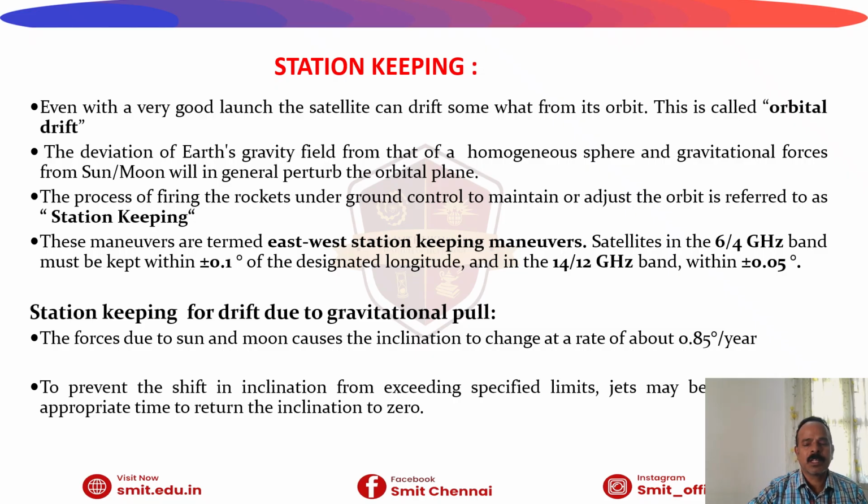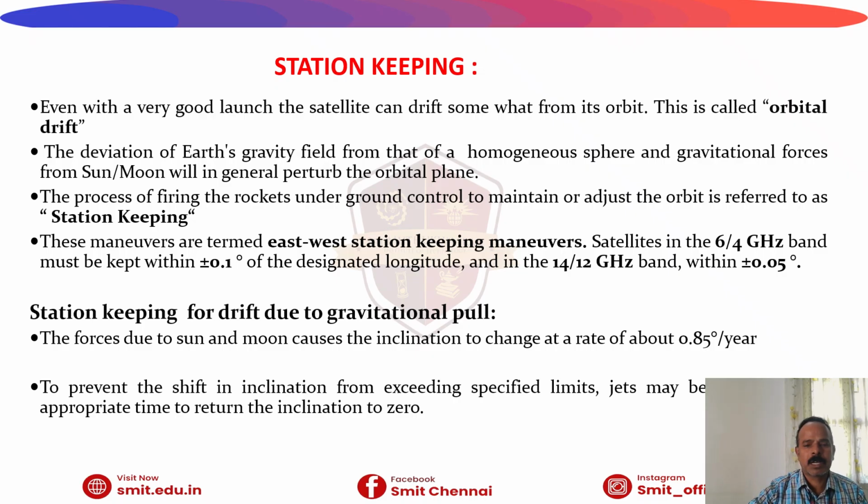The satellites generally in the 6/4 gigahertz band must be kept within 0.1 degree of the designated latitude and longitude position. And in the 14/12 gigahertz band, it should be kept within plus or minus 0.05 degree of the designated longitude as well as latitude positions. So these maneuvers should be kept intact.